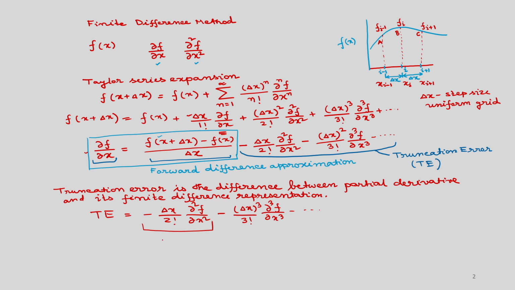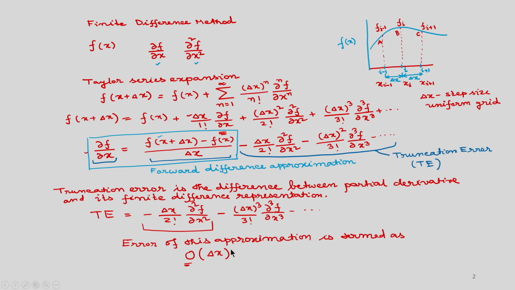So, the error of this approximation is termed as the order of approximation, O delta x. This is the notation O, order of delta x.